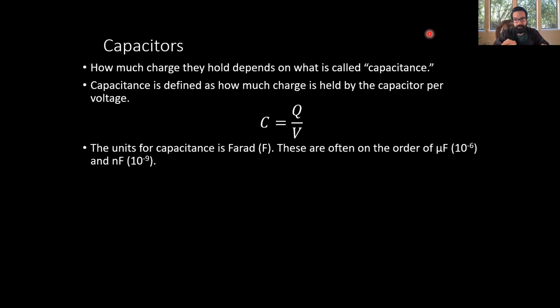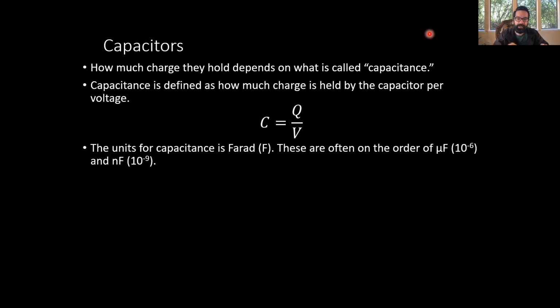If we're ignoring something called dielectric breakdown, assuming super ideal conditions, the capacitor could keep increasing the amount of charge as long as the voltage increases. So don't think about capacitance like the capacitance of a restaurant, how many people can it hold? That's not the same idea here.